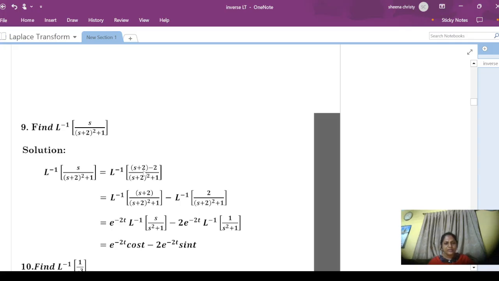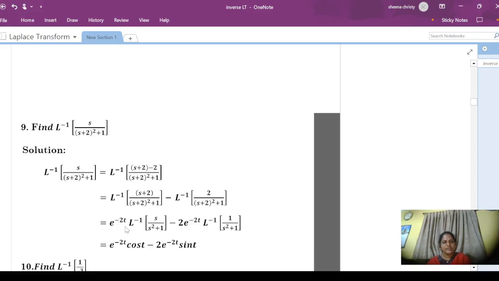So by adding s with 2, you will get (s plus 2 minus 2) by (s plus 2) the whole square plus 1. Therefore, by making use of the linear property of inverse transform, you can split these terms as L inverse of (s plus 2) by (s plus 2) the whole square plus 1 minus L inverse of 2 by (s plus 2) the whole square plus 1.